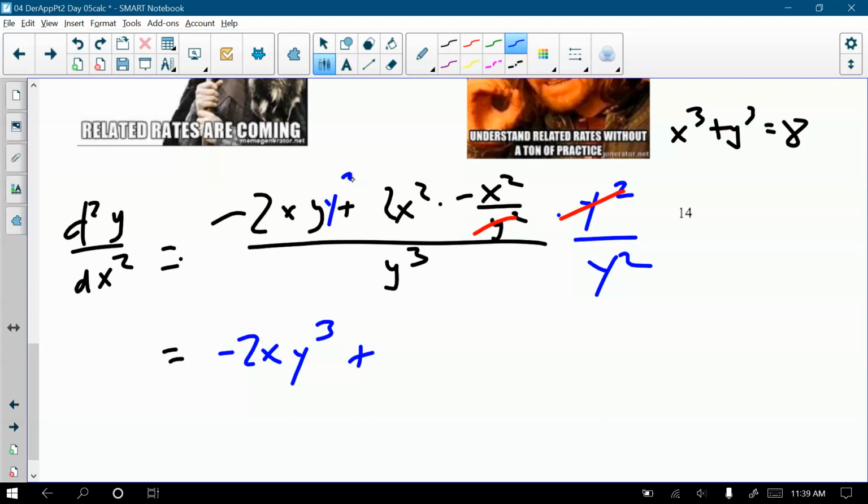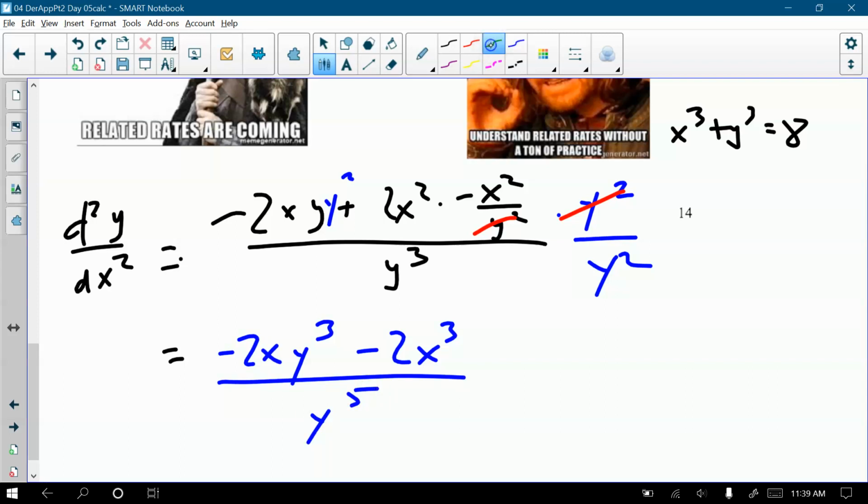So we get negative 2x cubed. So that's going to be minus 2x cubed. So minus 2x cubed. All divided by y to the fifth. That's good, because I think I'm supposed to get this to look like negative 16x to the fifth. Okay, so I'm almost there.